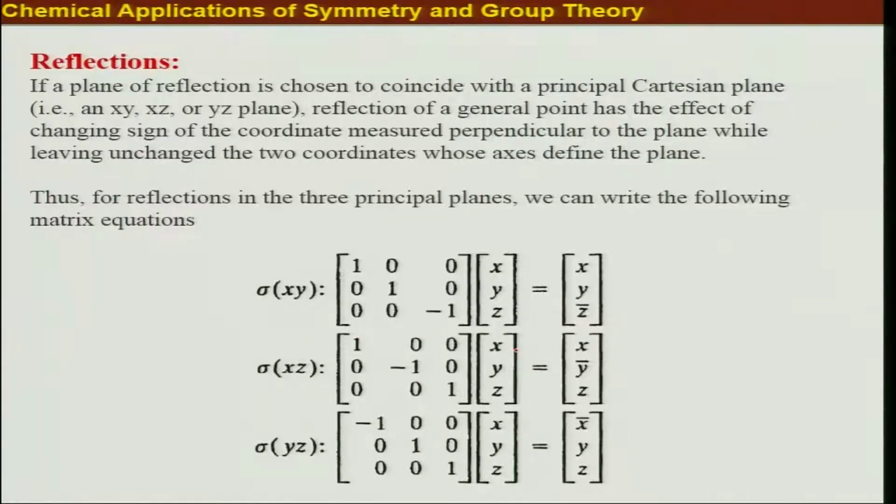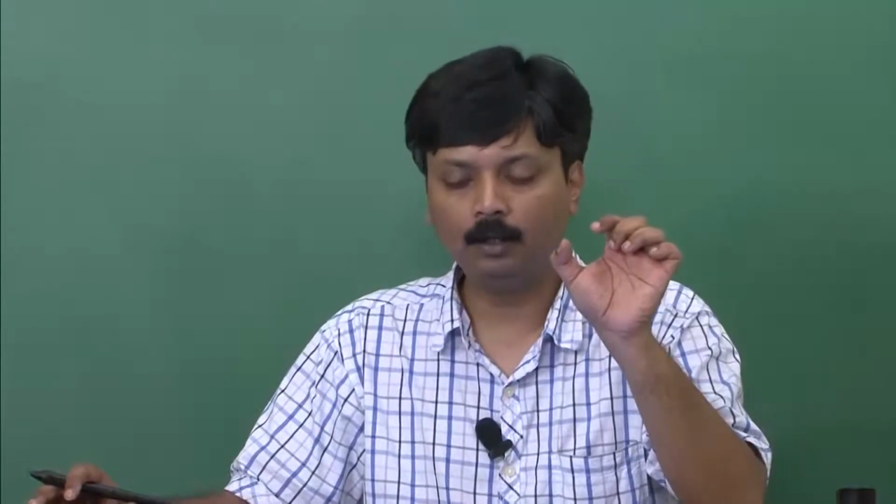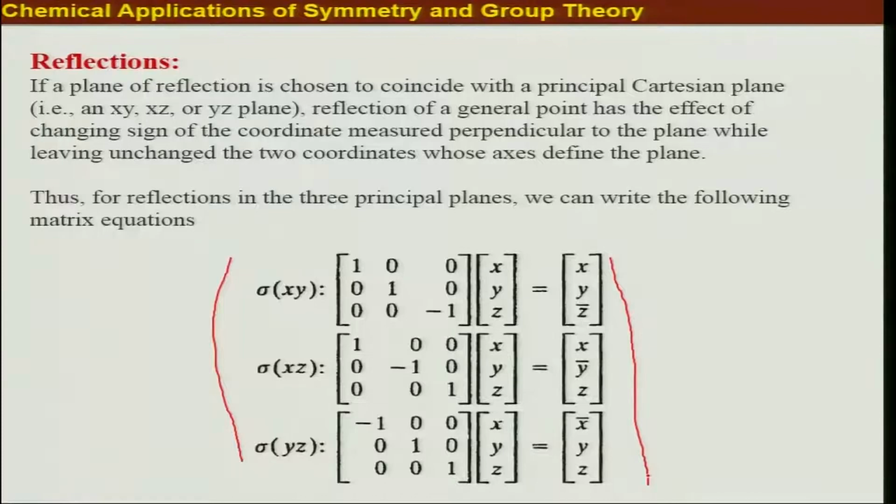So, similarly you can figure out what will happen to the column vector when we have a sigma plane along the xz or yz planes, and the corresponding matrix forms you can also easily figure out. And if you compare these 3, you can see that the position of the negative 1 element is changing with respect to the column vector. As we change the column vectors, this is also changing. Okay.